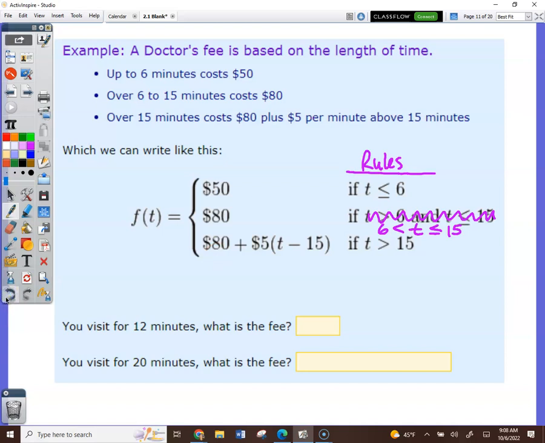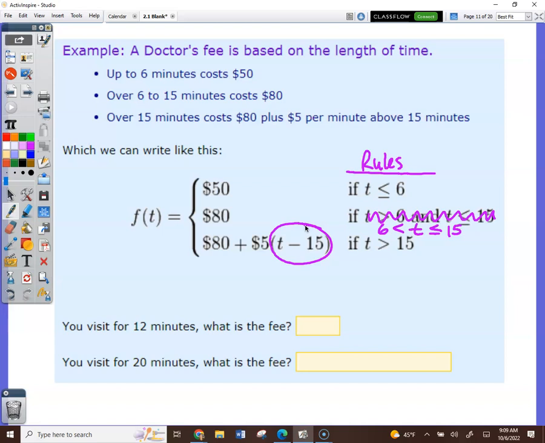And then $5, the way to read this is for every hour after 15 hours has already passed. Let's say you were there for 16 hours. You only got one additional hour. So 5 times 1 is $5, and then you would end up paying $85.